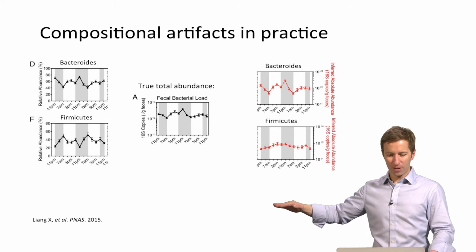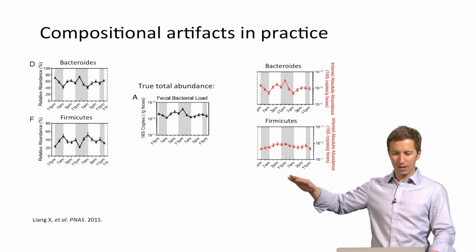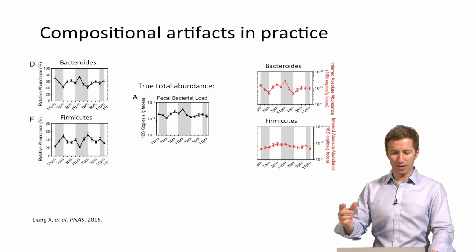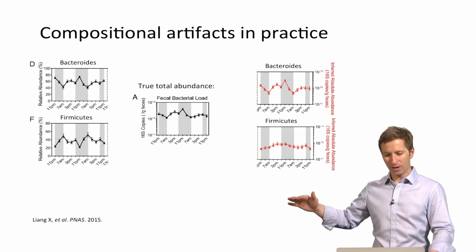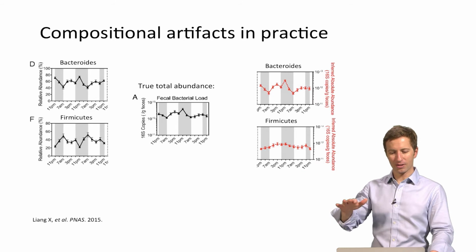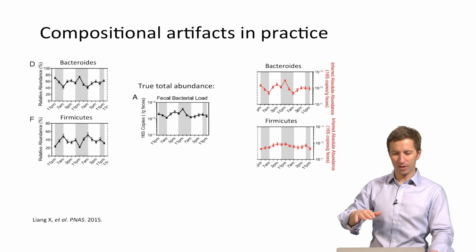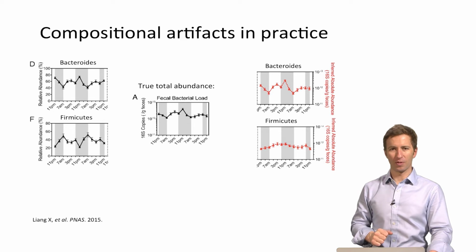So Firmicutes is no longer negatively correlated with Bacteroides. In fact, if anything, it might be a tiny bit positively correlated, or at least it has a little bit of a bump in a couple of the places where Bacteroides does.